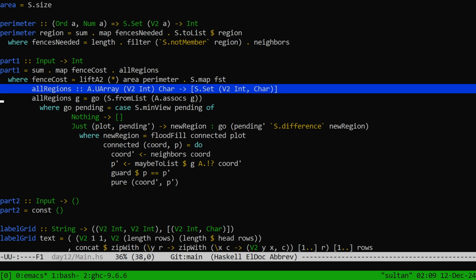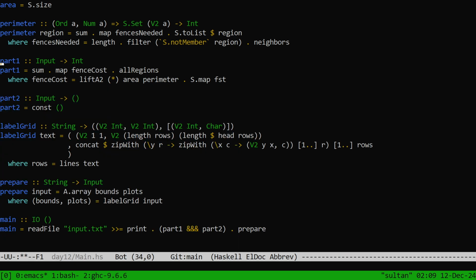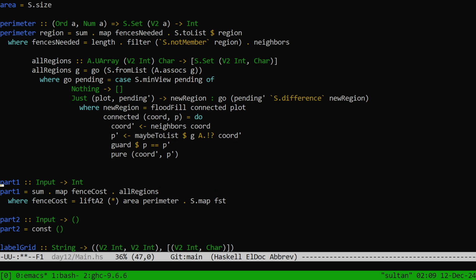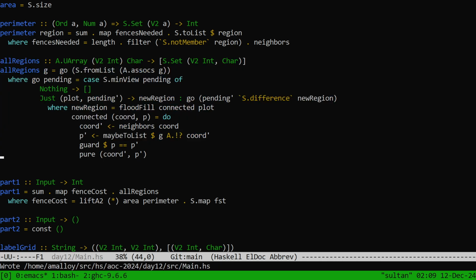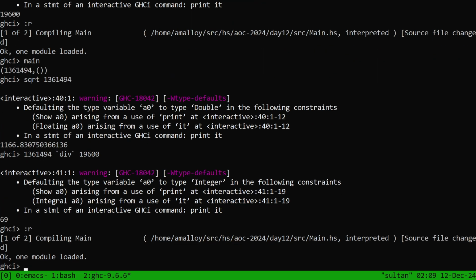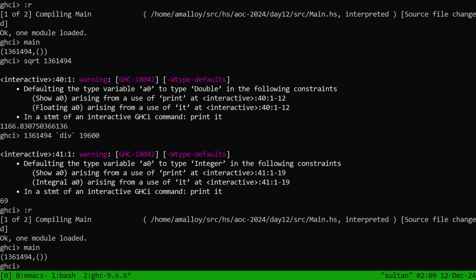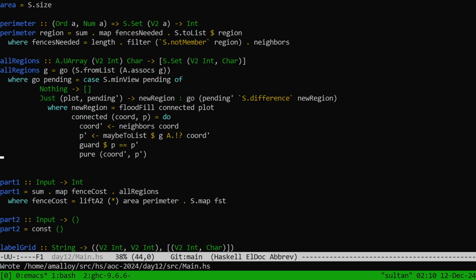So it can just become a top-level function as easy as pie. Let's make sure we still get the right answer. 136, 1494. Yes, that's correct. Okay. So that's easy enough.